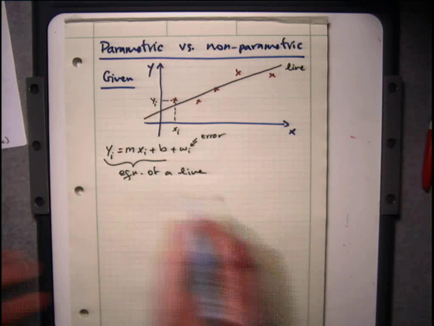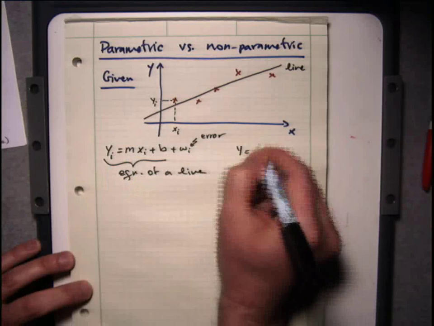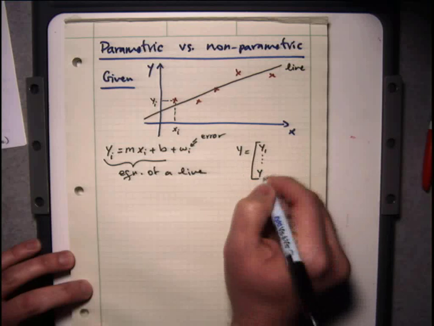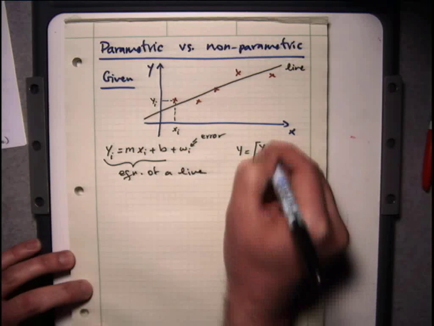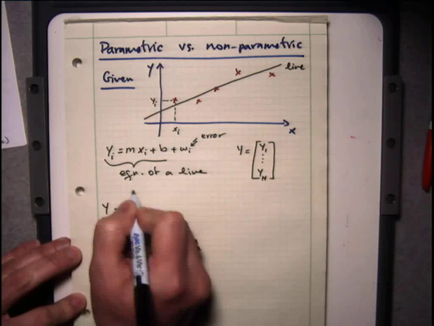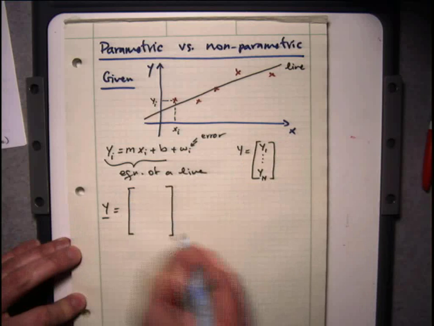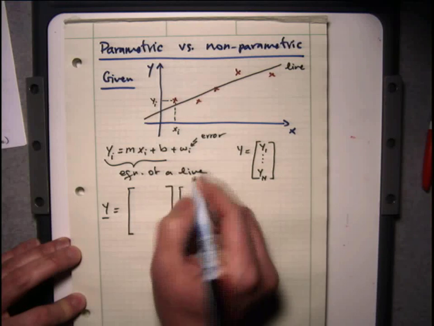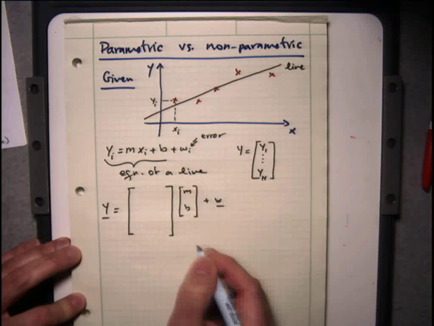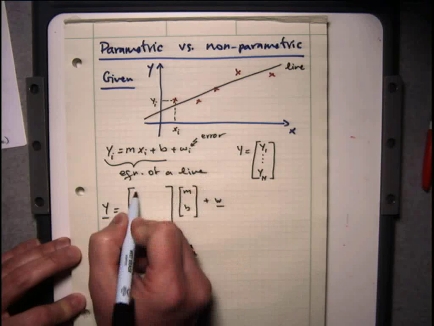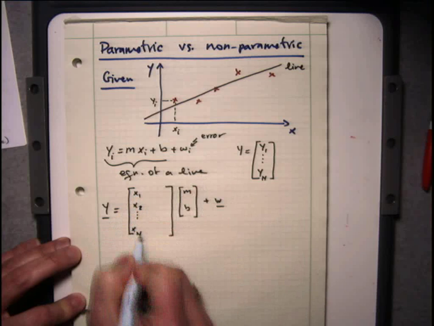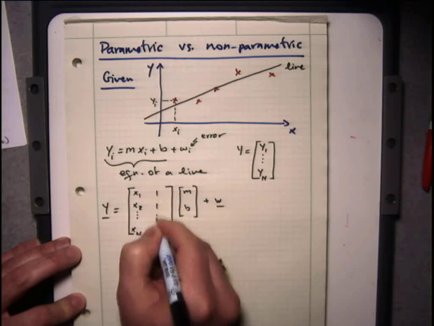Okay? So I take all of my y's, and I stack them into a vector, say y1 through yn. Okay? And now I have y equals, there's two unknown parameters, m and b, plus w. And in here, I'm going to have x1, x2, so on, xn. And here I'm going to have 1, 1, so on.